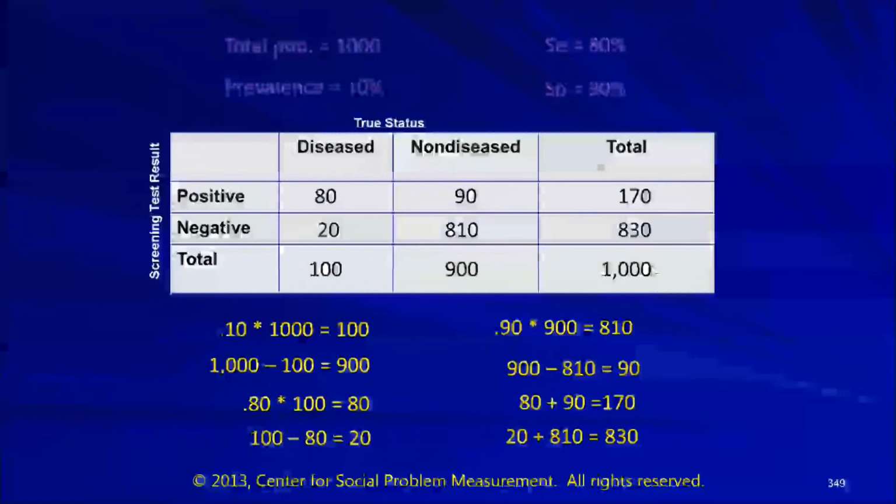So what I'm going to do next is I'm going to show you an example of repeat screening with the same test. I'm going to use the values presented on this slide, and then we're going to fill in the slide below, and I'm going to show you how to do that.